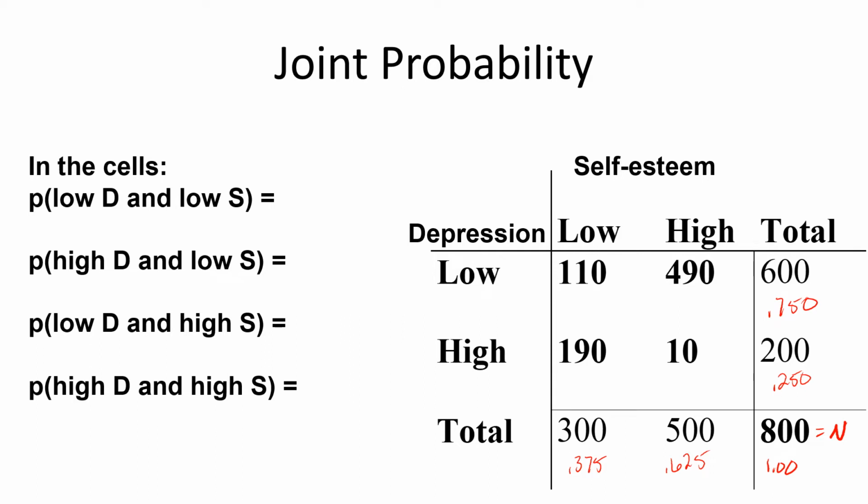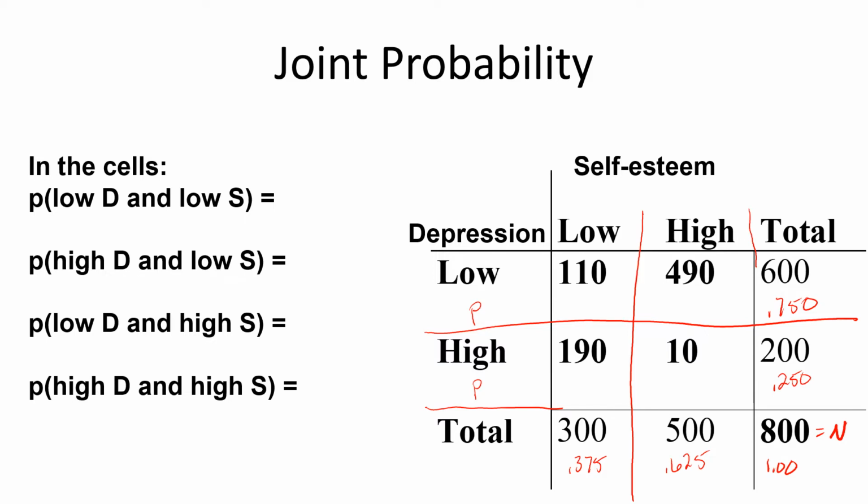But now let's look at the joint probabilities. And again, these are in the cells, in the center. Let me draw some things here. So we've got our probabilities there. And now we are going to take and look at what's in the cells.